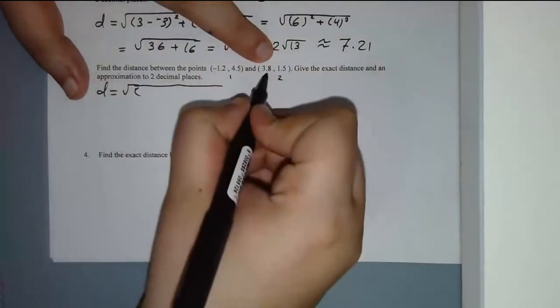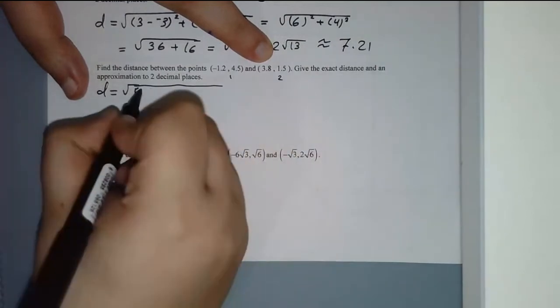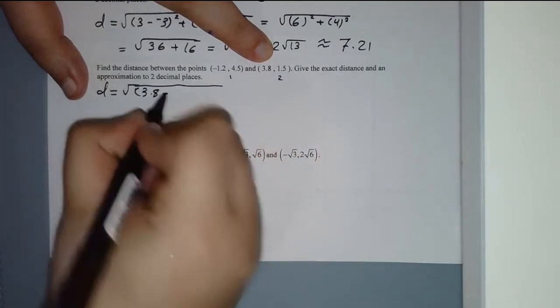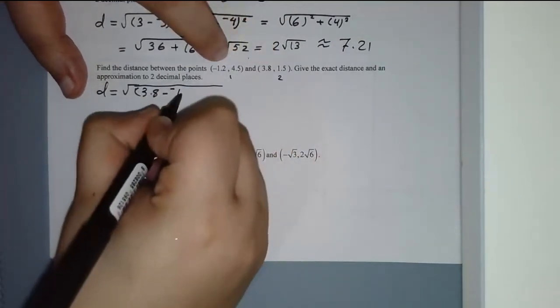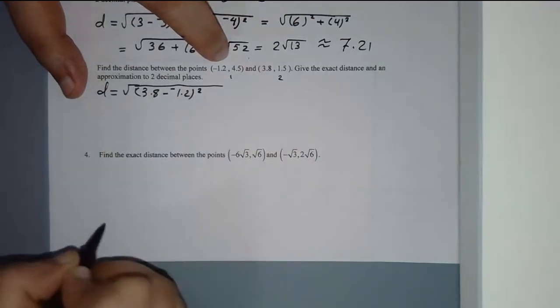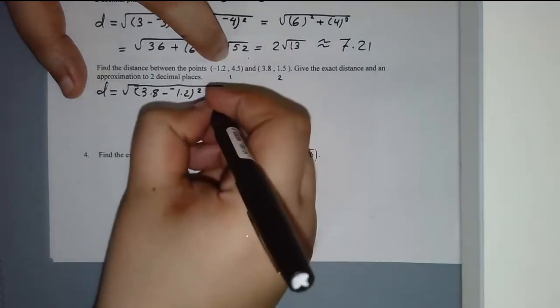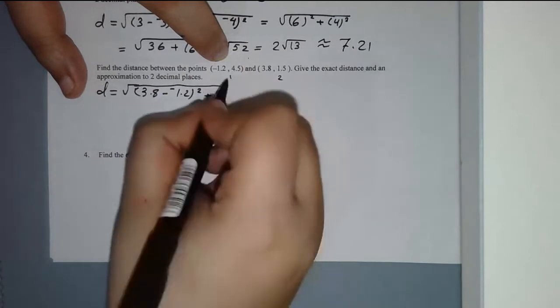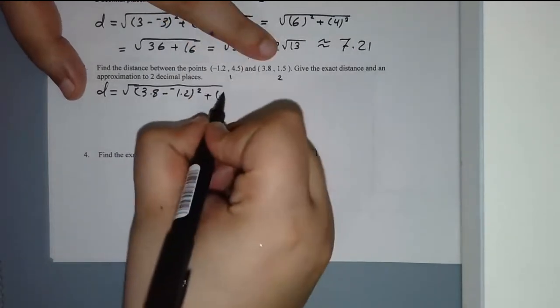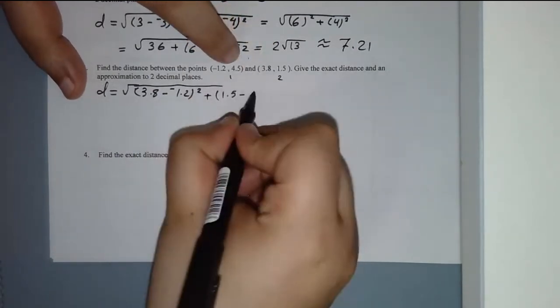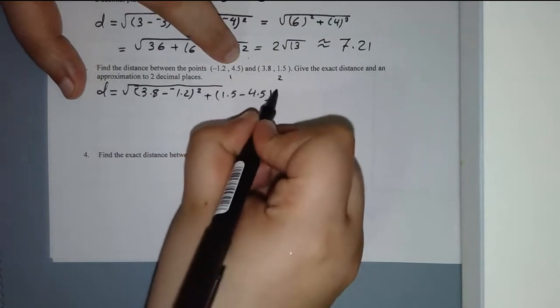Okay, let's see. This is x2, which is 3.8, minus x1, which is negative 1.2, squared, right? Plus, we have 1.5, which is y2, minus 4.5, which is y1, squared.